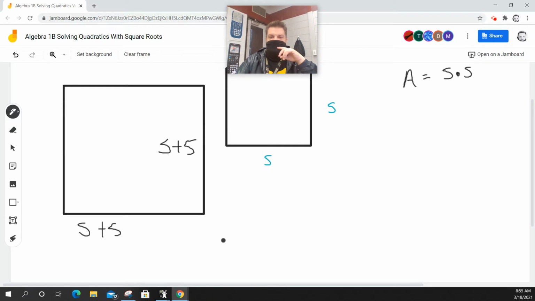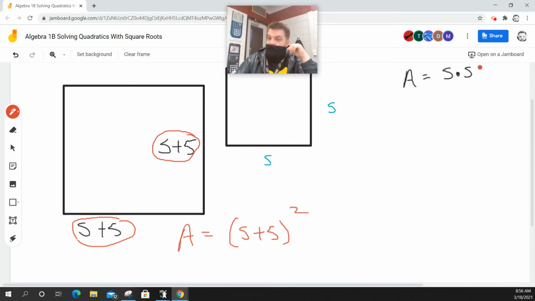That's not S plus S, it's S plus 5. So in order to find the area of this thing, the area of this is equal to S plus 5 squared, right?